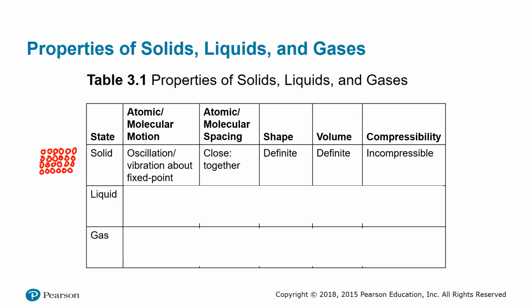It's going to hold its shape, and there is a little bit of space in between each atom, but not a lot. So the space allows those atoms to vibrate back and forth just a little bit.